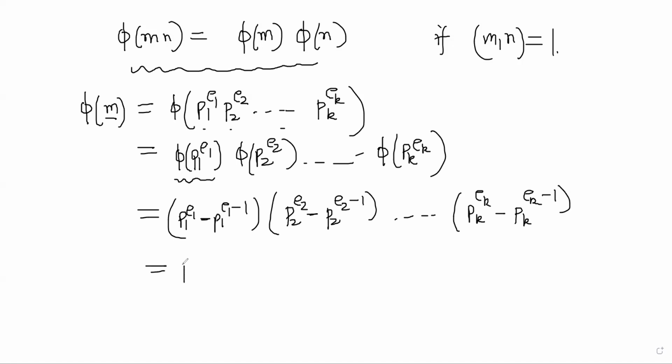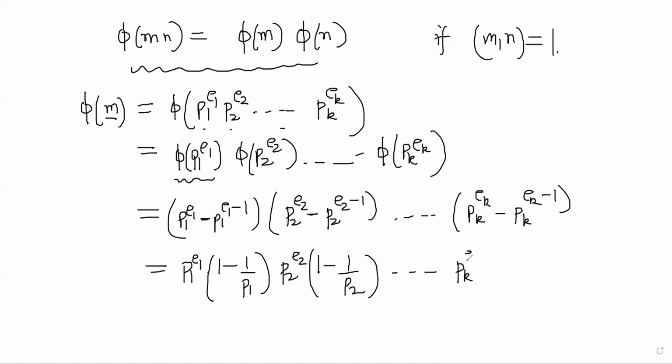So we can take p1 power e1 common, and you get 1 minus 1 by p1. p2 power e2 common, 1 minus 1 by p2. And similarly, pk power ek common, 1 minus 1 by pk. And then the product of p1 power e1, p2 power e2, pk power ek was simply m.